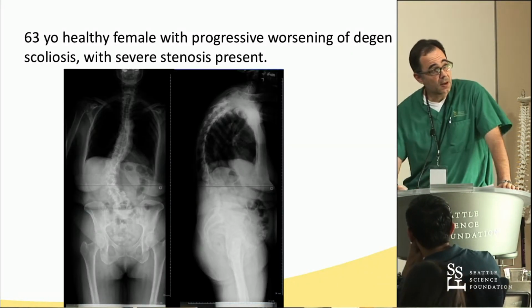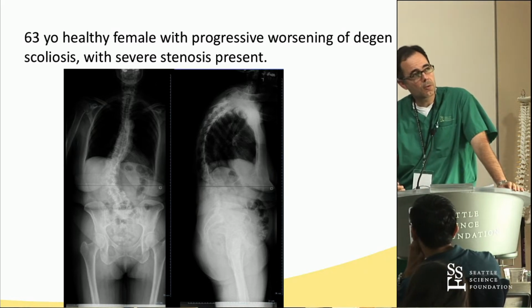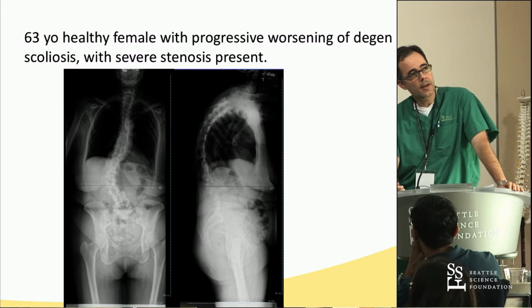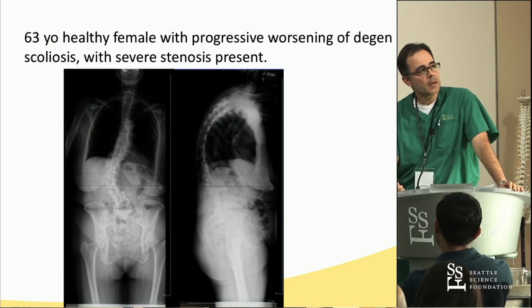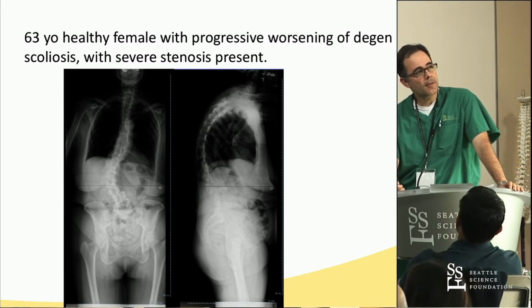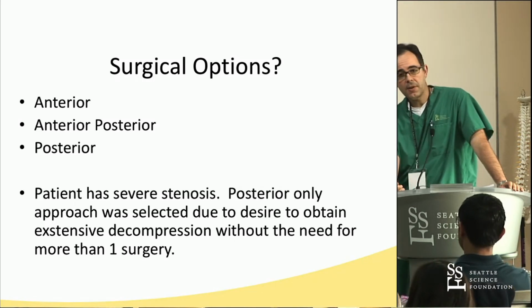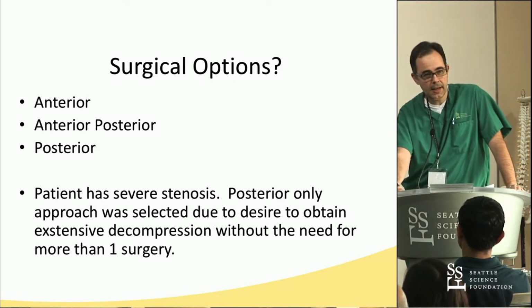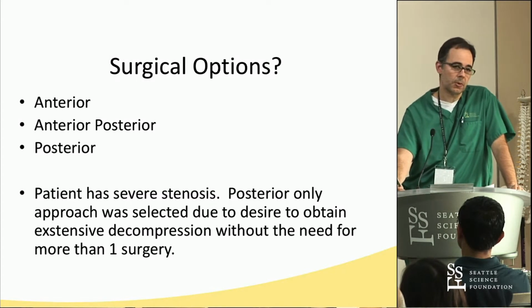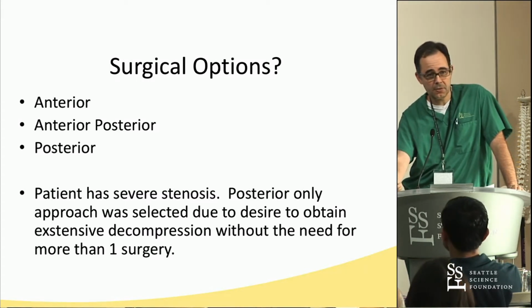So moving on to this case, this is a 63-year-old healthy female with worsening degenerative scoliosis and severe stenosis. She has about a positive sagittal balance of 10 centimeters and has moderate back pain. The most important part about this patient was that she had such severe stenosis that I thought an indirect decompression through a lateral approach would not be feasible at treating her symptoms.